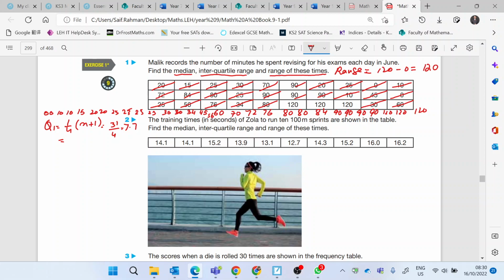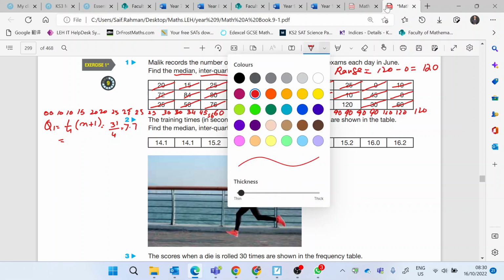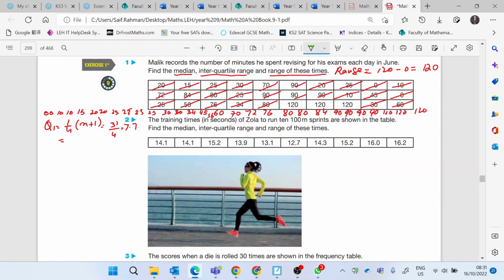Counting 1 to 7, the 7th and 8th values are 20 and 25, so we take their mean: 20 plus 25 over 2, that is 45 over 2, which gives 22.5. So Q1 is 22.5.